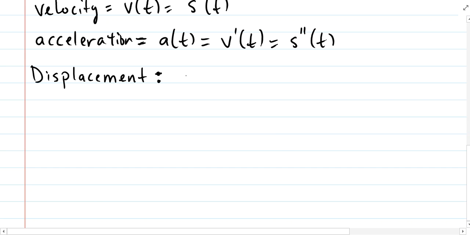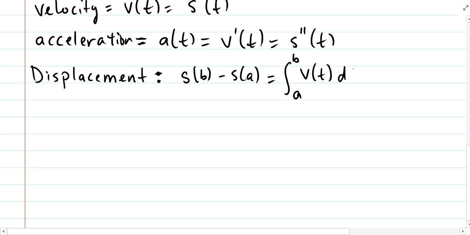Remember, displacement for physics is the final position minus the initial position. Well, how do we find that? We integrate velocity, because velocity is the rate of change of position. So if we integrate it, we find the net change in position. That net change is displacement.